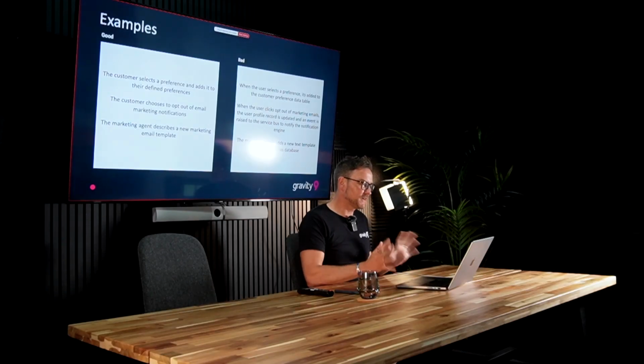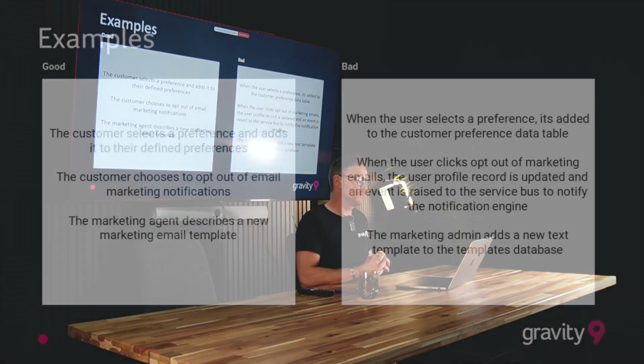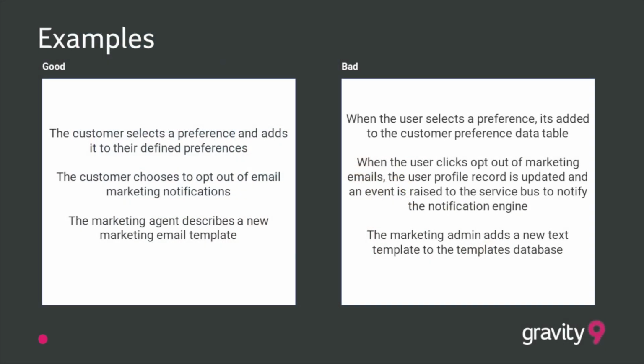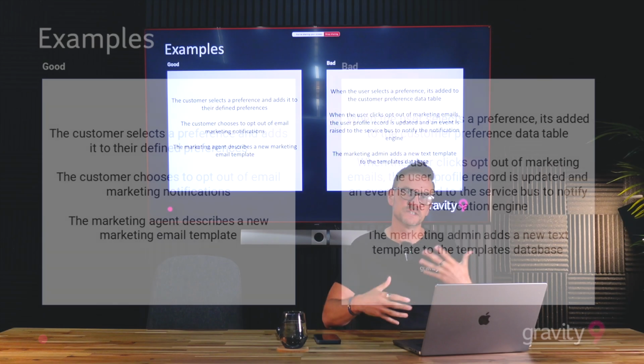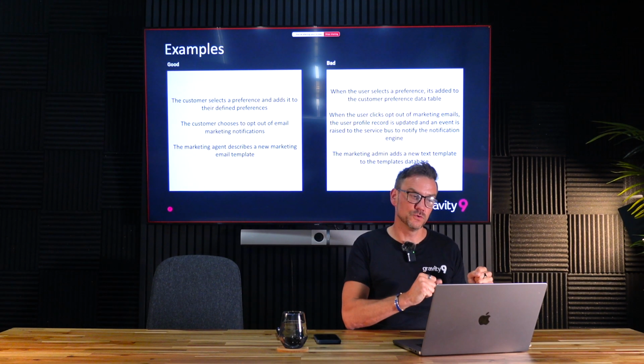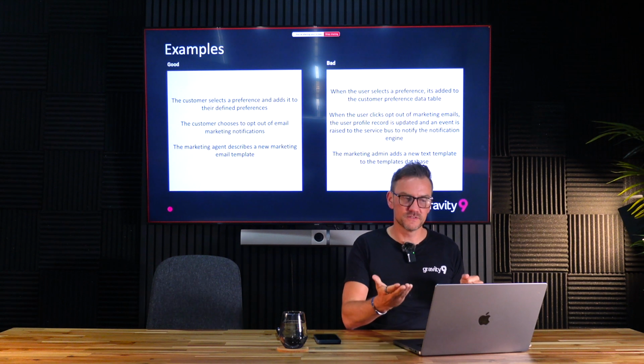Here are some good and bad examples of a ubiquitous language, but really what we're trying to focus on is the business language. It's not technical language. So a good example is where we're saying, a customer in this instance wants to select some preferences and add them to their profile. That's a good understanding. You would pin down what your vocabulary is there. So preference is a defined thing.